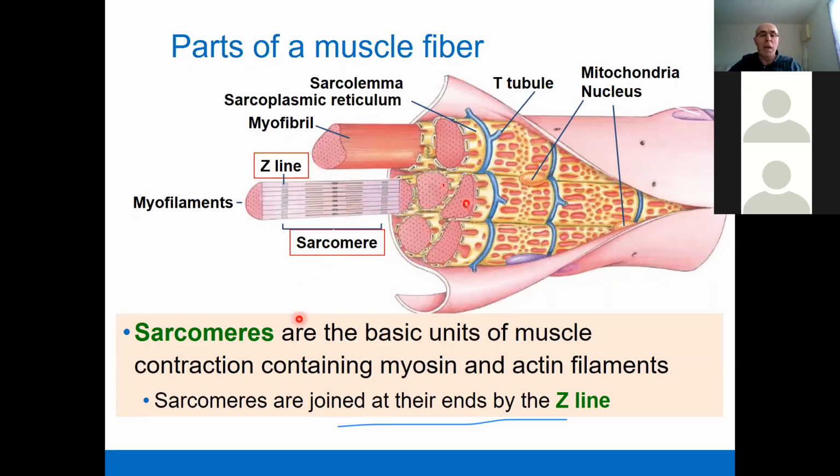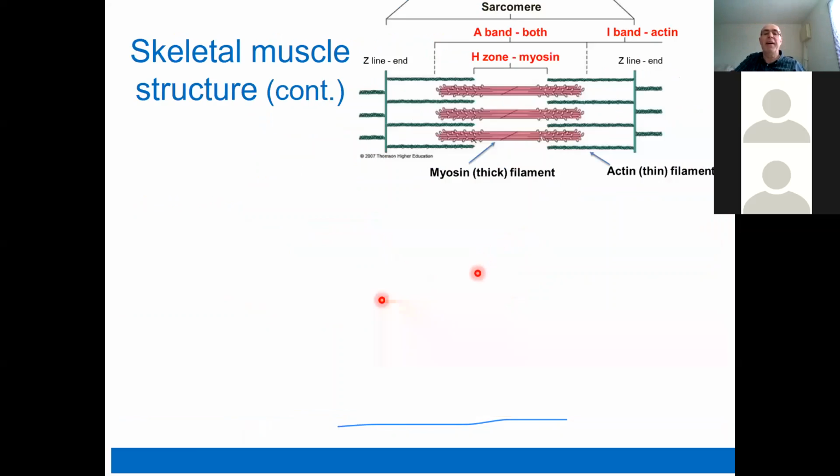I will go forward and discuss a little bit in detail, okay? Sarcomeres are joined at their ends by Z lines, okay? Now, this is, as you see, the ultrastructure of our muscles, okay? A unit which we call sarcomere.